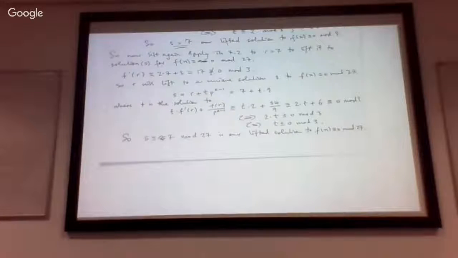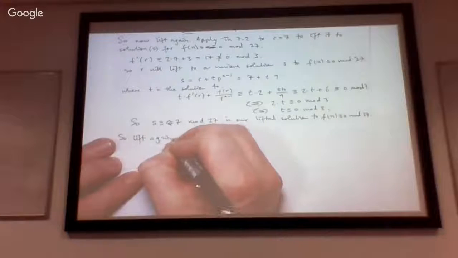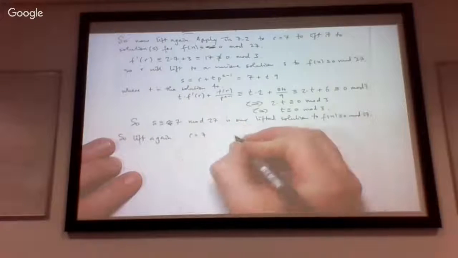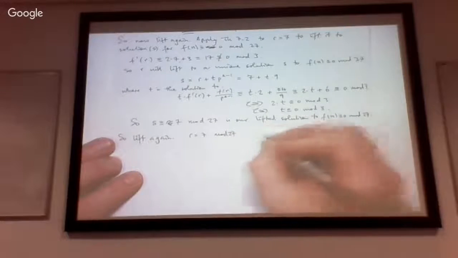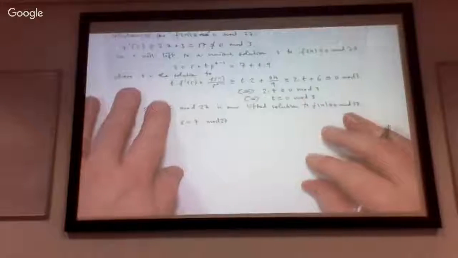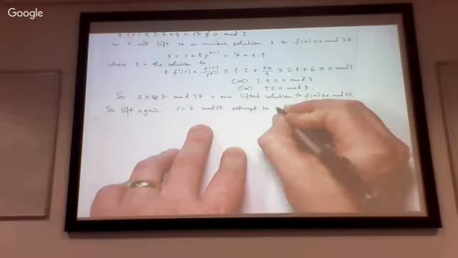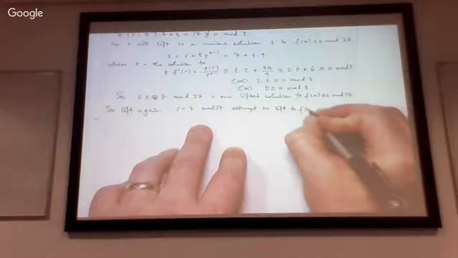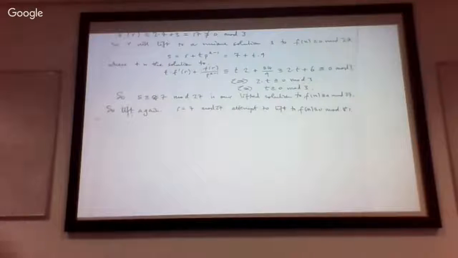So we've got to lift one more time for this. So lift again. We're starting with a solution r equals 7 mod 27, and attempt to lift it to f of x congruent to 0 modulo 81. So the same decision procedure.